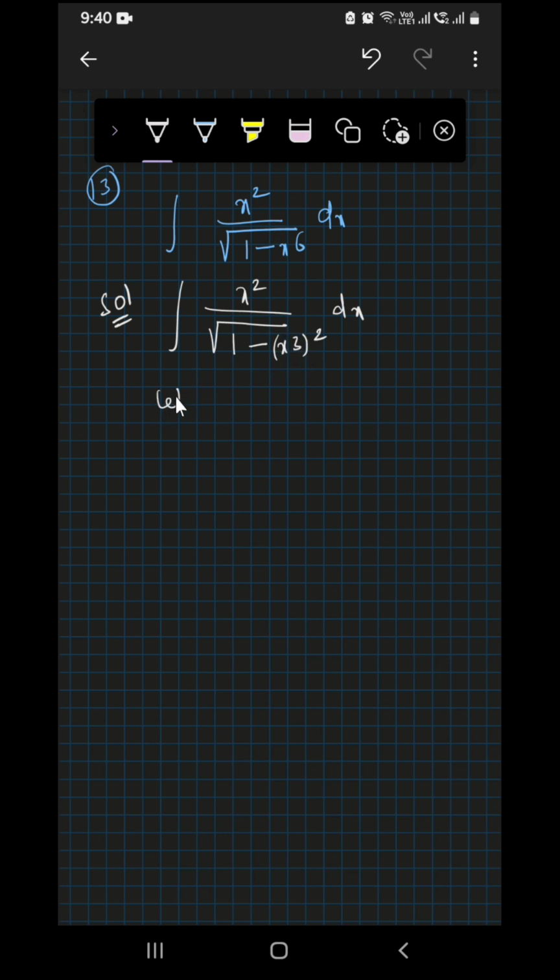Let x cube is equal to t. Now differentiate on both sides with respect to x. We get d by dx of x cube is equal to d by dx of t. d by dx of x cube is 3x square, is equal to dt by dx.